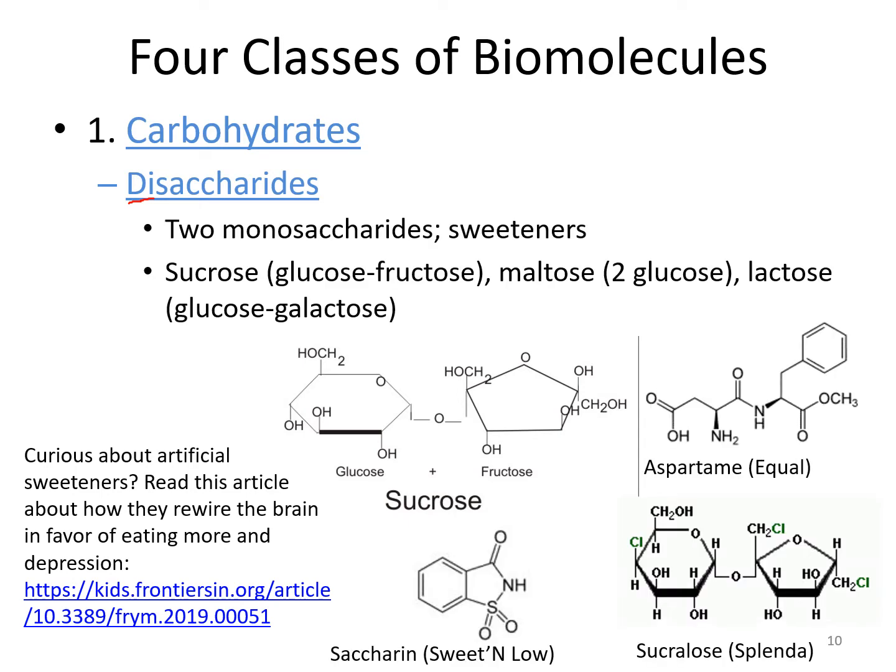And the reason why we have a special name for the disaccharides, where none of the other biomolecules have a special name for 2, is because these happen to be sweeteners. All right, so we have a special name because we love to eat them, because we love to interact with them. So sucrose, as I just showed you, is a glucose and a fructose bound together.